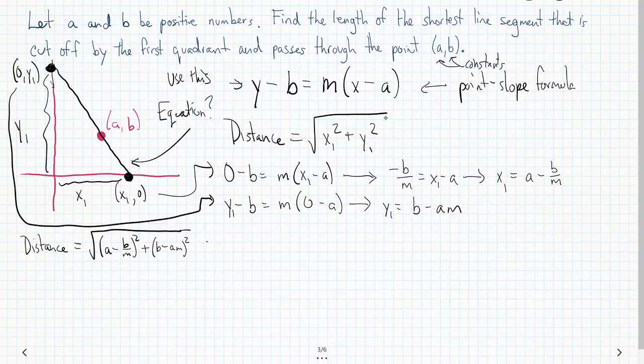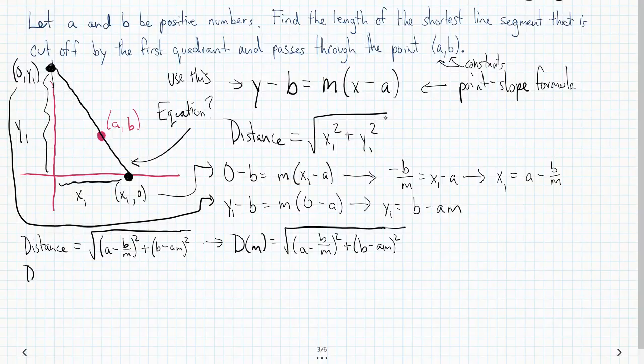But what it does is this gives us a formula: d of m equals the square root of a minus b over m, the quantity squared, plus b minus am, the quantity squared. And now we can start to take our derivative because we have our one variable, it's m.